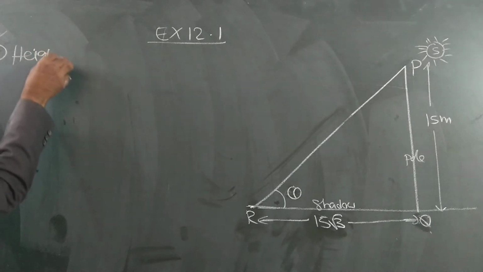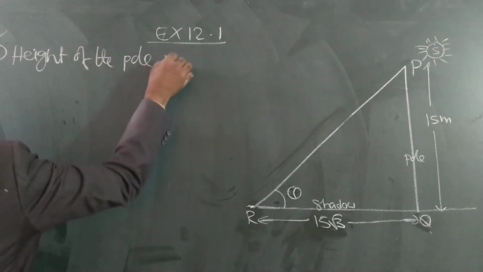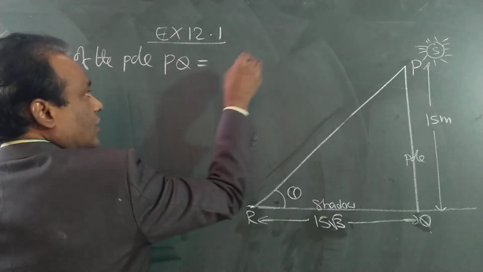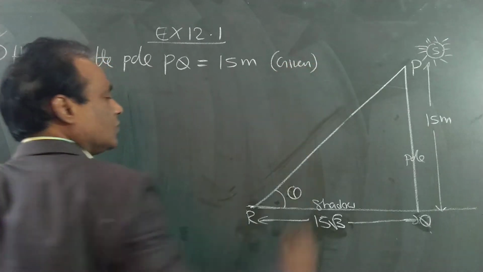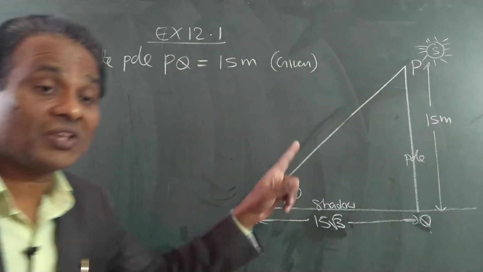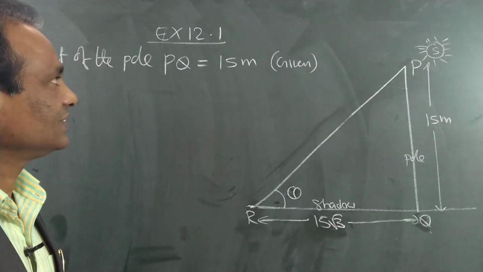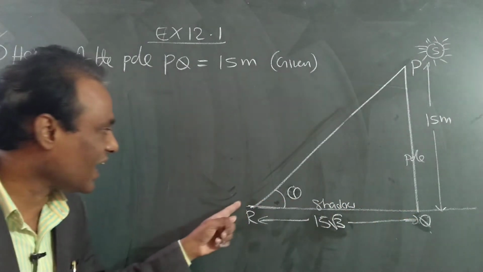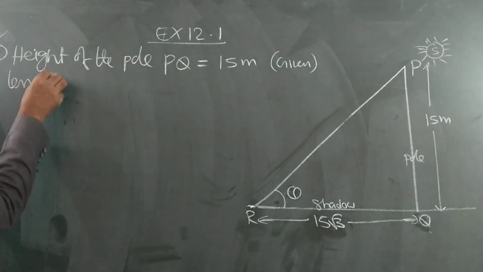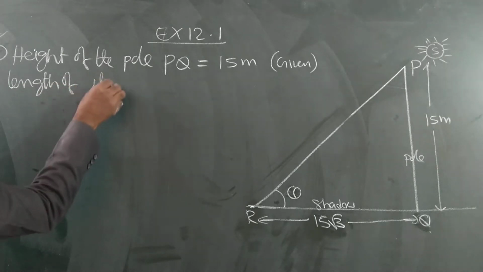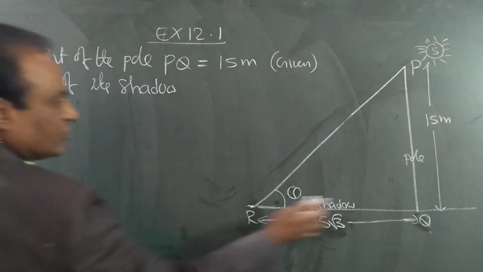Height of the pole PQ is equal to 15 meters, given. Length of its shadow is given. What is the shadow?